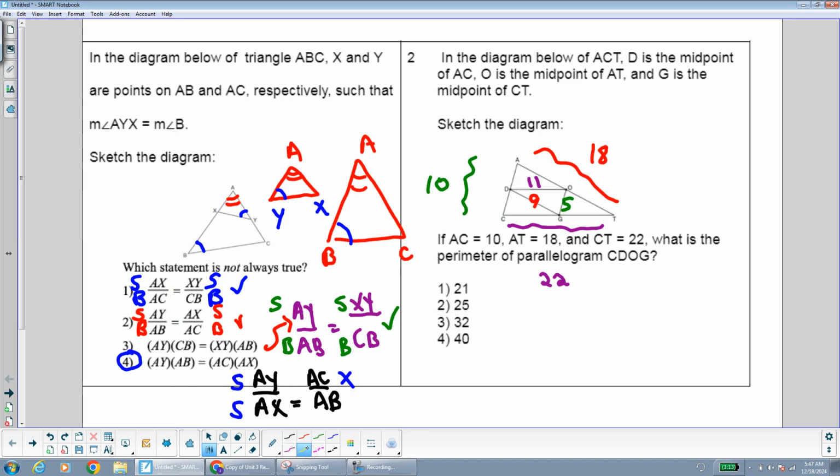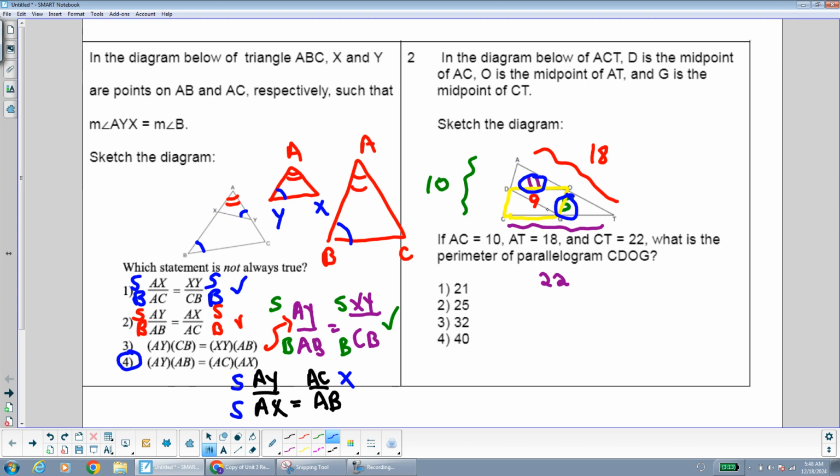We need the perimeter of parallelogram CDOG. Okay, so some of the stuff here is helpful. The 11 and the 5. The other stuff wasn't necessary.